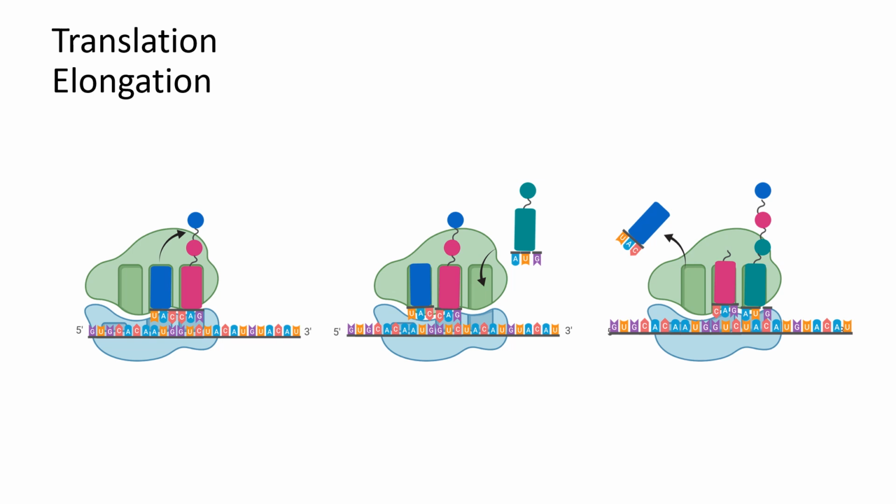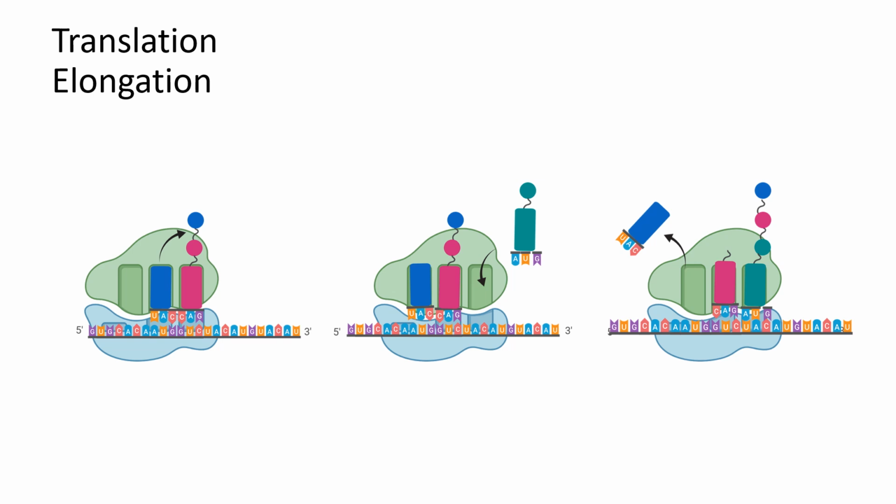In this first picture on the left, we can see another tRNA, the pink one, coming over to the entry site on the large ribosomal subunit. This tRNA has an anticodon of CAG, which matches with the codon of GUC on the mRNA.